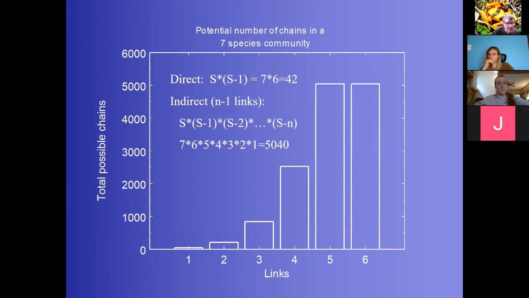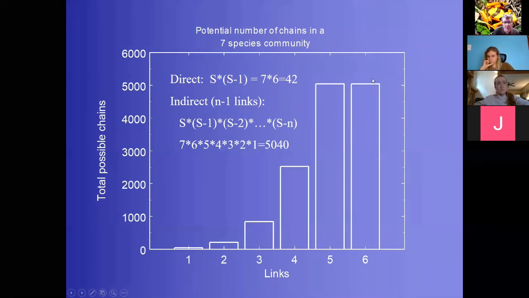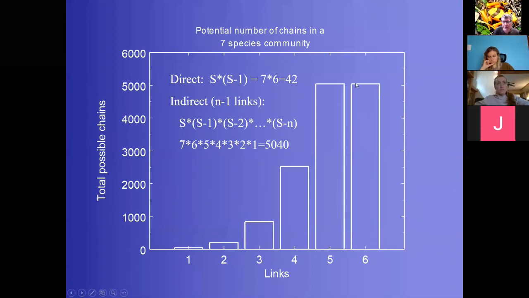Okay, so if we look at the number of species, the number of links and possible chains, we just plot that out, right? The number of direct interactions is down here, but with just 7 species, we're up to over 50,000 links of length 5 and 50,000 of length 6. So these include pathways that include 5 species.